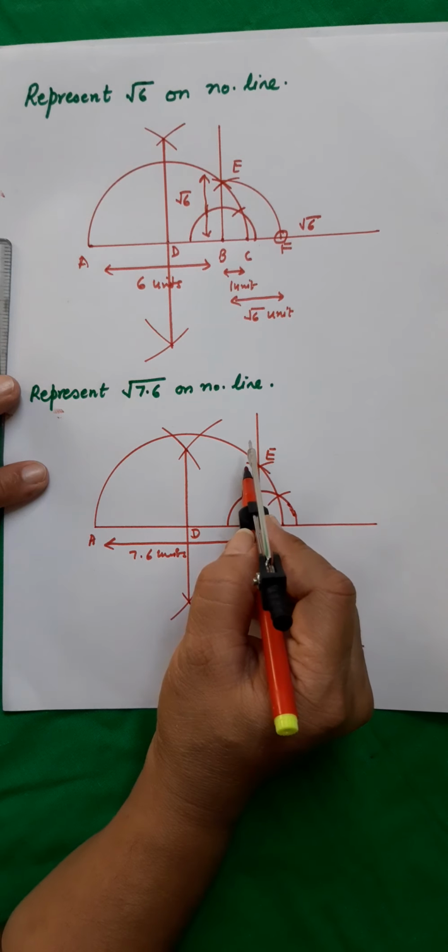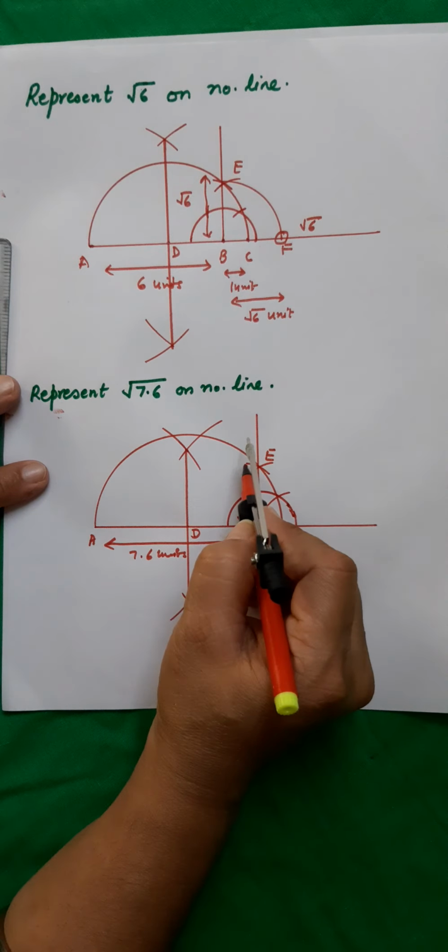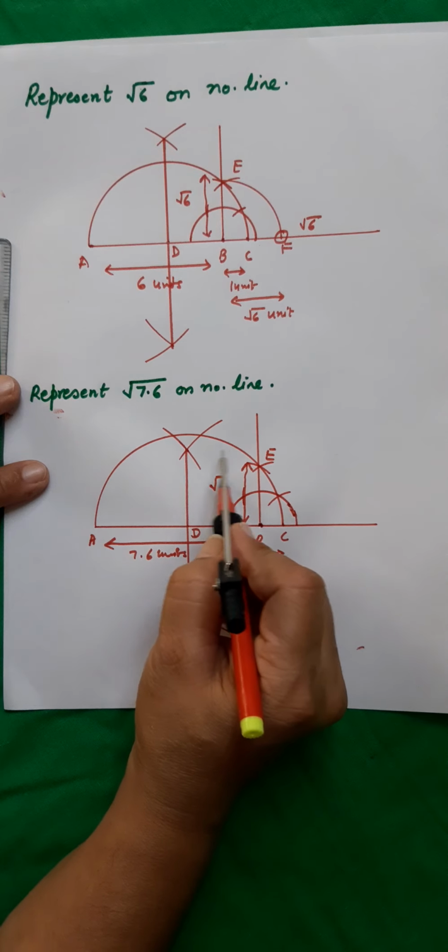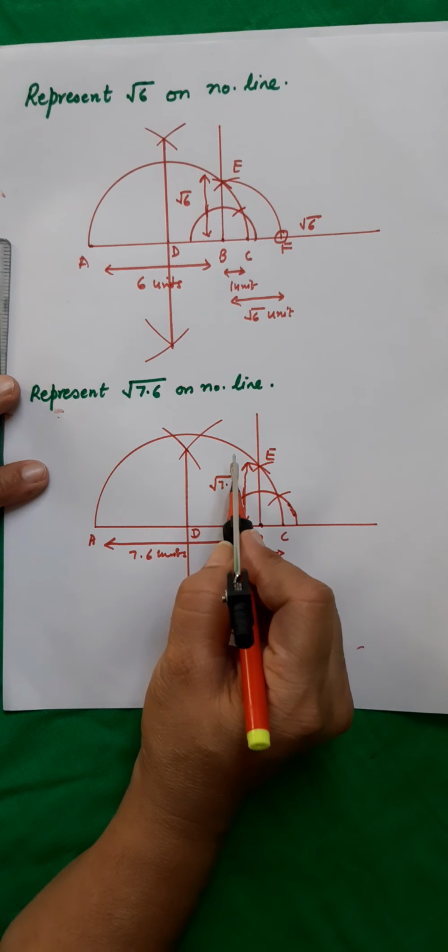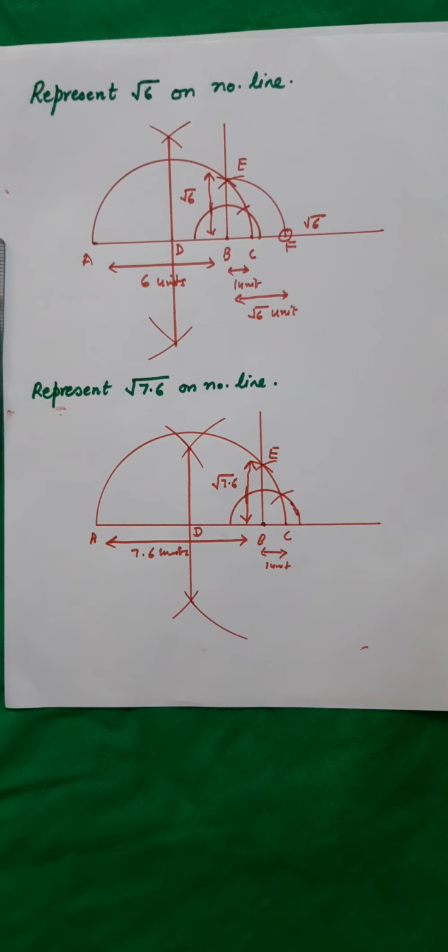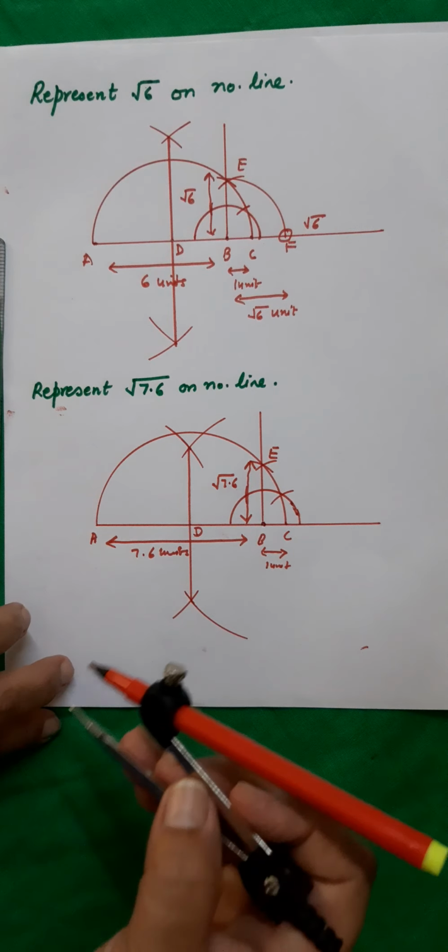What is BE? Yes, BE is root 7.6. But I want root 7.6 on the number line.